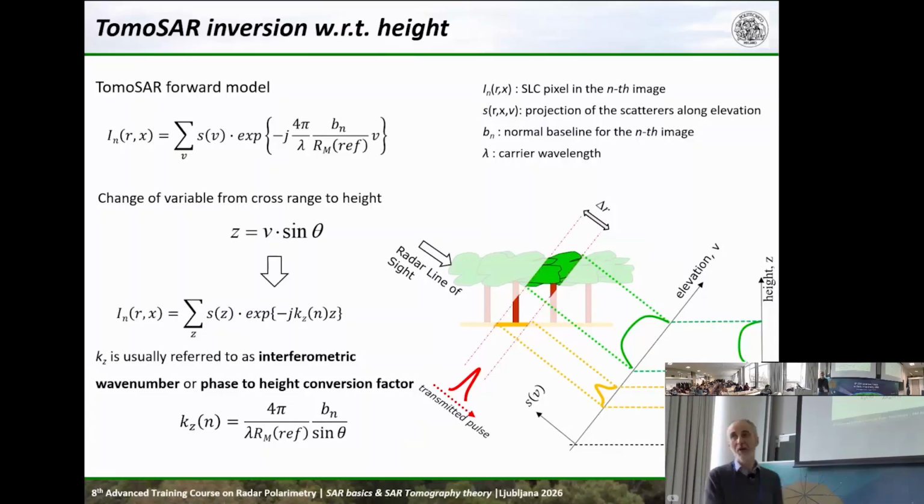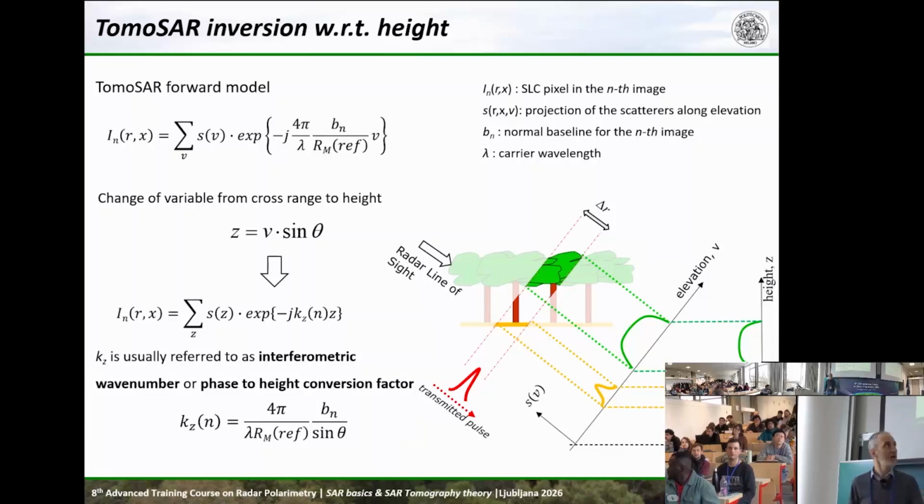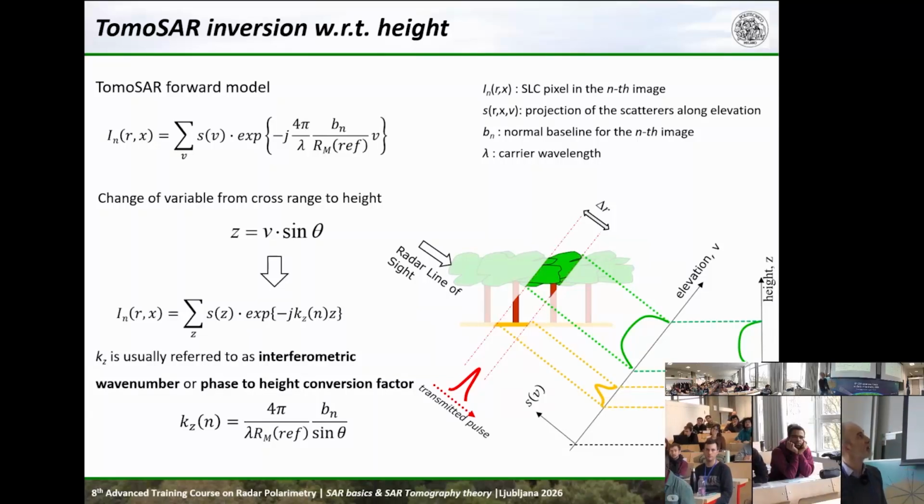This is the formula. Those are numbers that come with the data, meaning that when you download biomass data, they are calculated for you. And on this basis, you have all it takes to do tomography. I know it's a bit late, but I'm nearly finished.